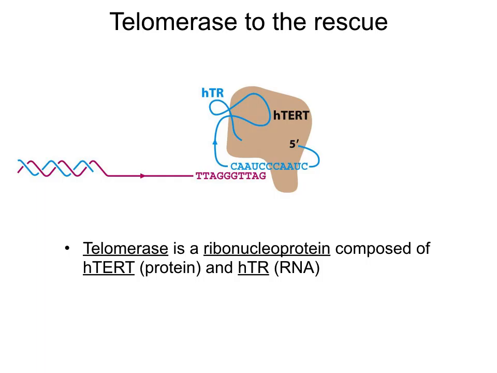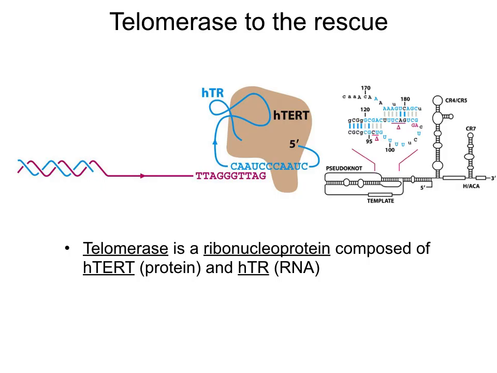You can think of telomerase as a kind of DNA polymerase, but interestingly, it has an RNA subunit, and the protein component is called TERT. In humans, it's hTERT, and the RNA component is called TR. So that's the telomerase RNA subunit, or hTR in humans. So the complete enzyme, the holoenzyme called telomerase, has both that protein and the RNA subunit.